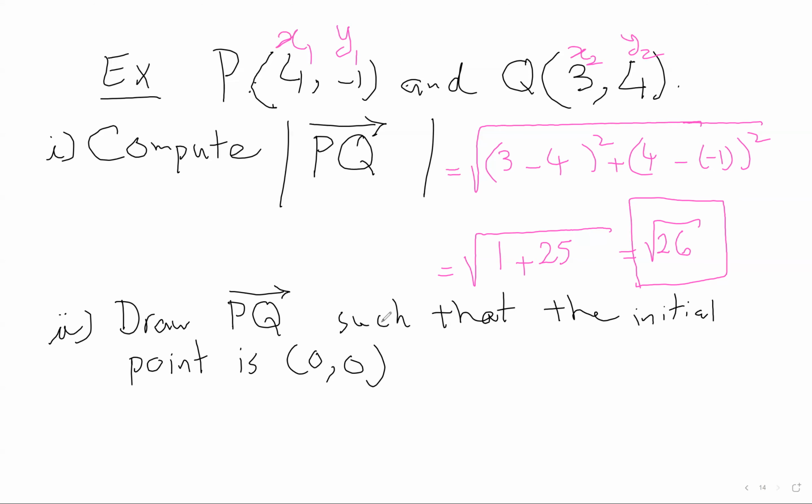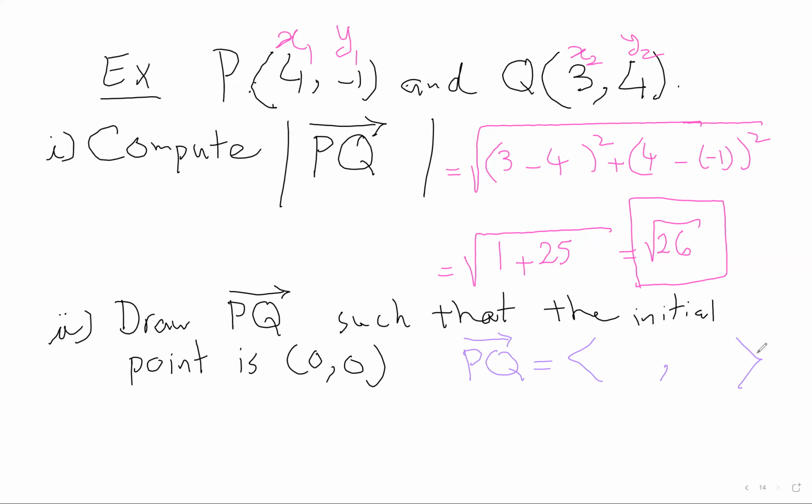So PQ has initial point P and terminal point Q, but you know that I can draw a vector initiating from the origin, which has the same length and the same direction as PQ. That will also be equal to PQ. And here I want to draw that copy of PQ, which is not initiating from P, but from the origin. So to be able to find that, first I need to write the vector PQ in this notation.